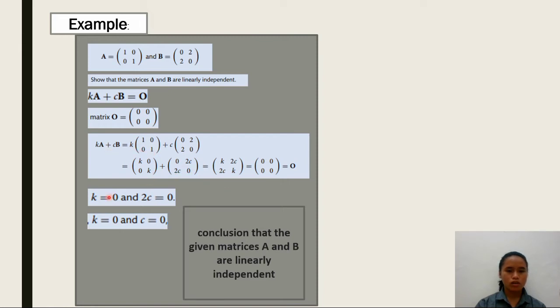So we get k equal to 0 and 2c equal to 0. So k equals 0 and c equals 0. Conclusion: the given matrices A and B are linearly independent, because the only solution is 0.